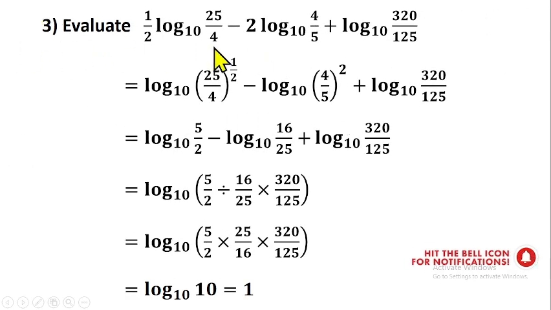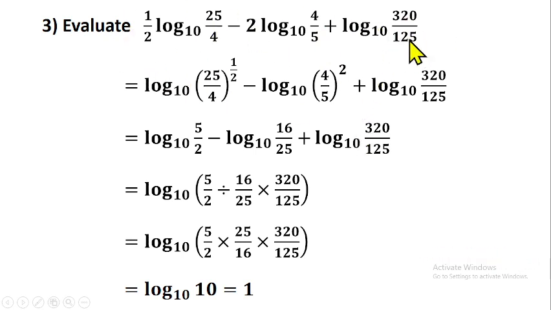Let's evaluate a more technical question. We are having 1 over 2 log 25 over 4 base 10 minus 2 log 4 over 5 base 10 plus log 320 over 125 base 10.